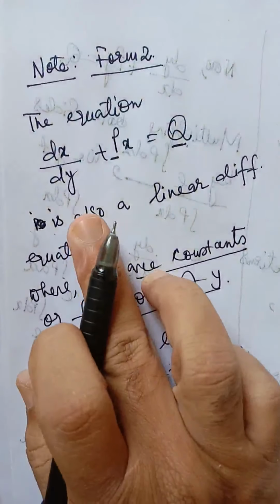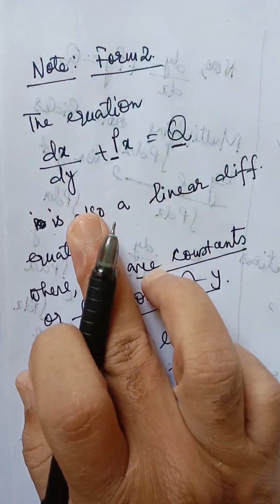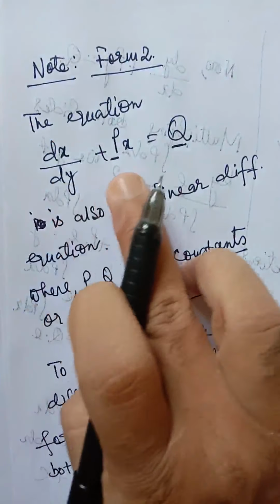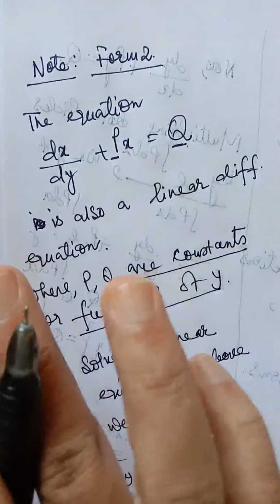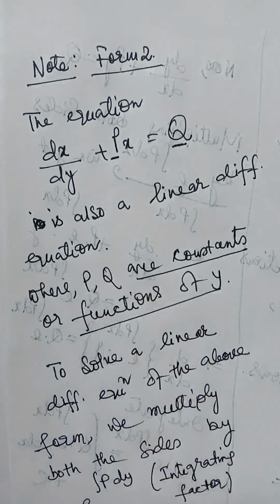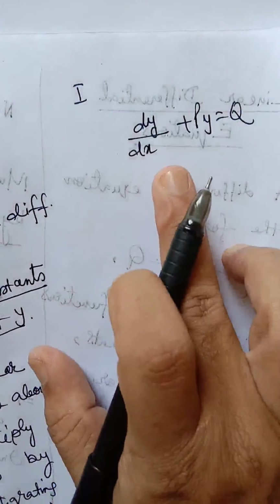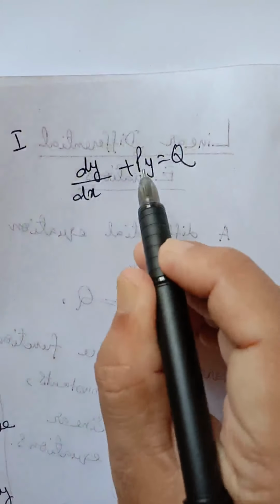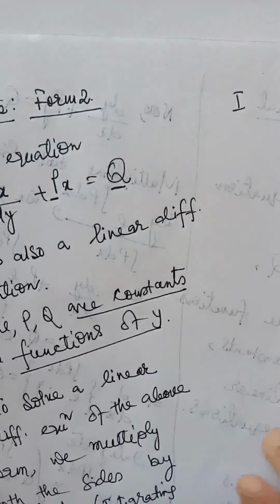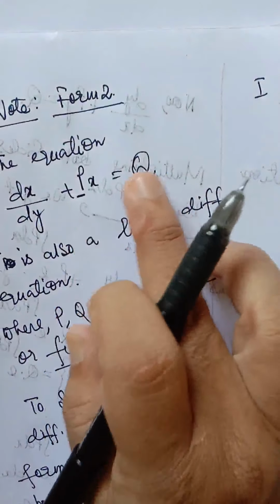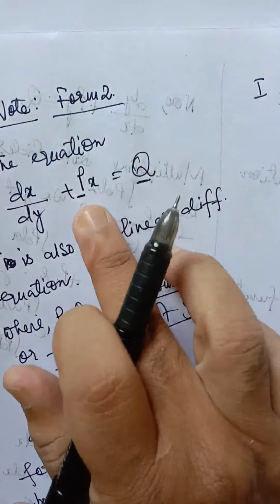This is the second form of linear differential equation, dx by dy plus px equal to q. This is the dx by dy form, and the first form is the dy by dx form. These are the two forms. This is form 1 and this is form 2. In form 1, p and q are functions of x or constant. In form 2, p and q are functions of y or constant.